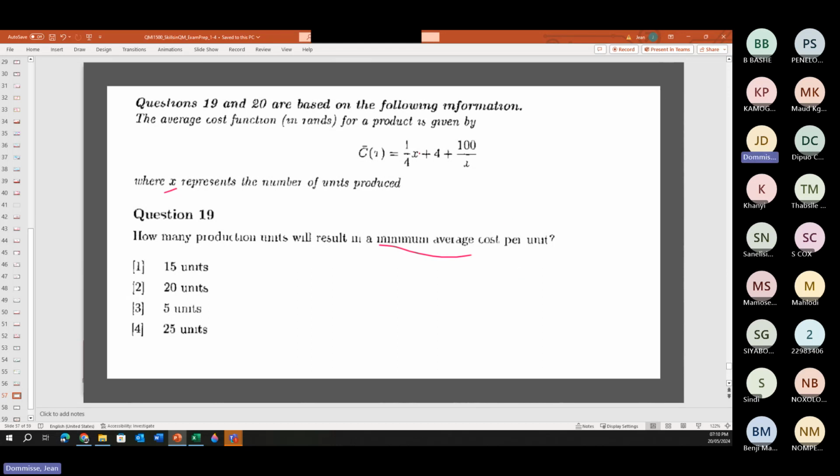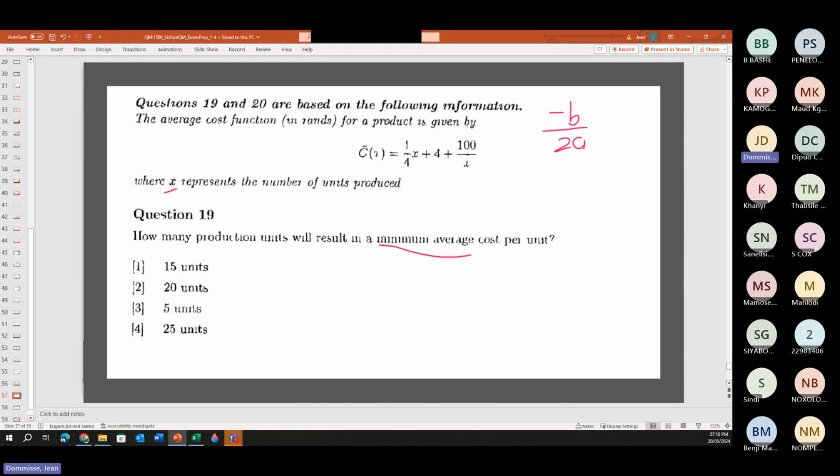Okay, so a bit different because now we can't just say minus b over 2a, because let's first write out this formula and then let's see how it is.